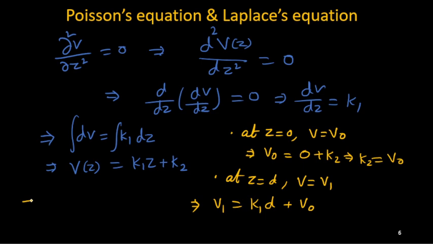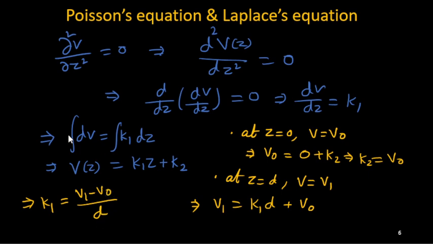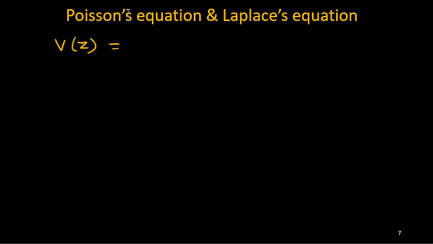So from here I can express k1. What is k1? It's nothing but V1 minus V0 by d. Is it okay? So this is the expression for k1 and k2. We have got it. So what is the final expression for V of z, function of z only? With this k1, it is V0 plus (V1 minus V0) by d times z.